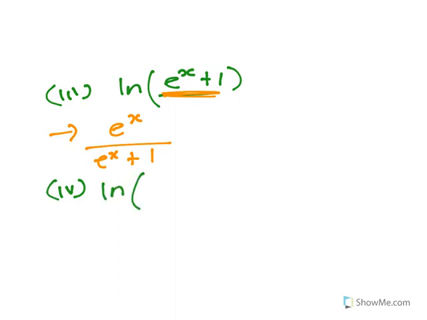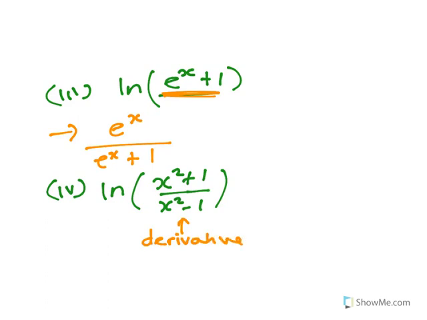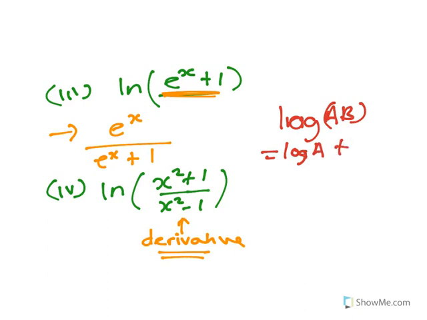Okay, so if you had ln of x squared plus 1 on x squared minus 1, for example, when you go to do the derivative of that, it's a quotient, so it makes it quite difficult. So what you can do is use your log rules to simplify this first. So if you had log AB and it was multiplied, the logarithm of a number is just the index or the power you raise the base to give that number.